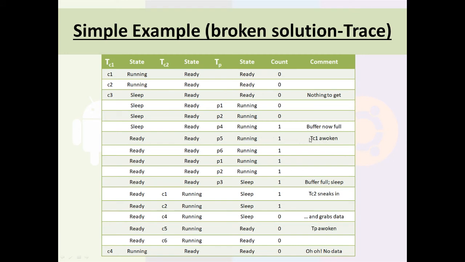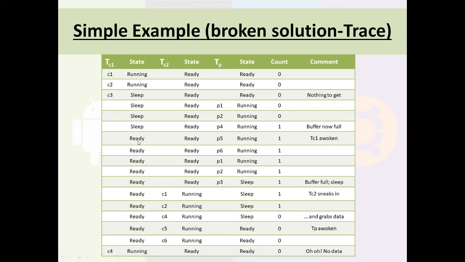Well, there is only one sleeping thread, and that is TC1, so it could never have been TC2. You can see now, instead of sleeping, it is ready. TC1 is now able to run, but it is not yet running, because it's just on that ready list.